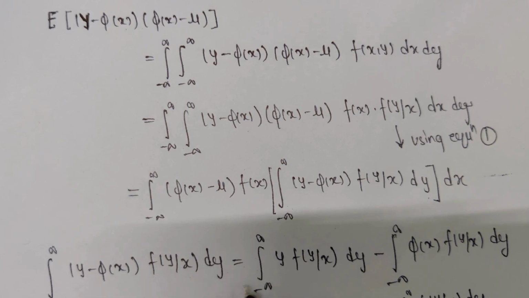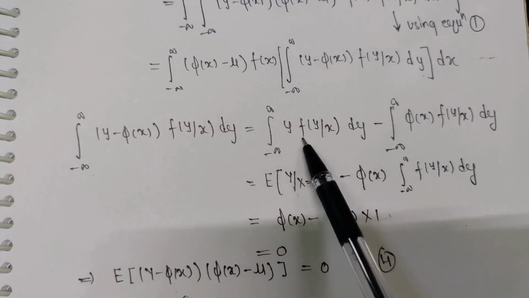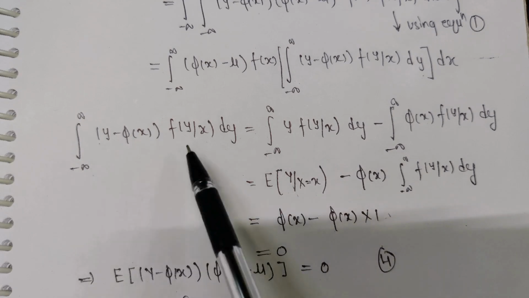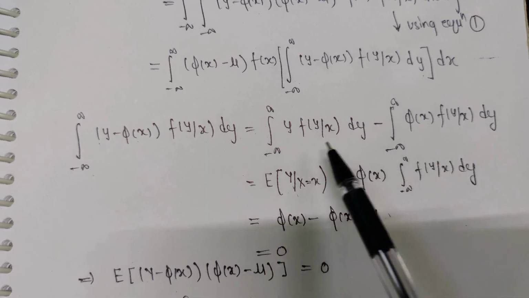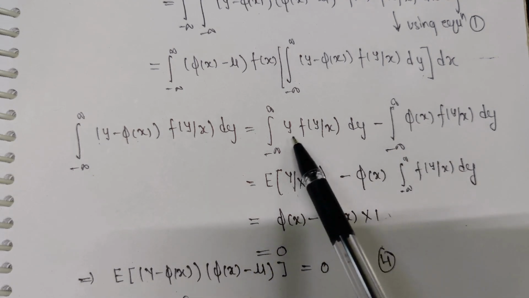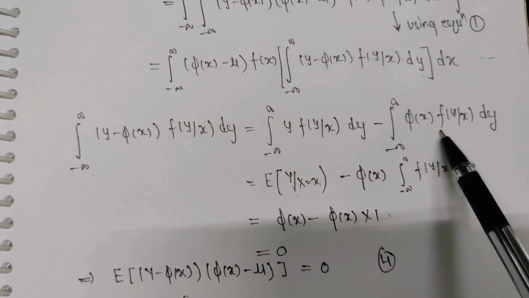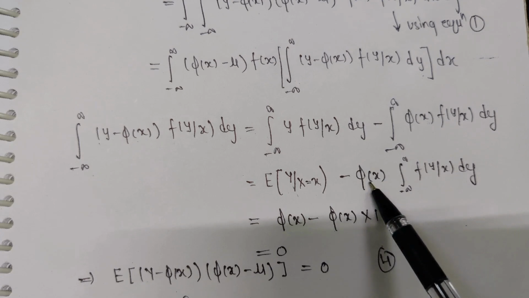So we can write this term in the form of the right hand side expression: the integral of y f(y given x) dy minus phi(x) times the integral of f(y given x) dy. You can see here, the first is the expectation of Y given X. The next term, phi(x), is free from y, so you can take phi(x) outside.